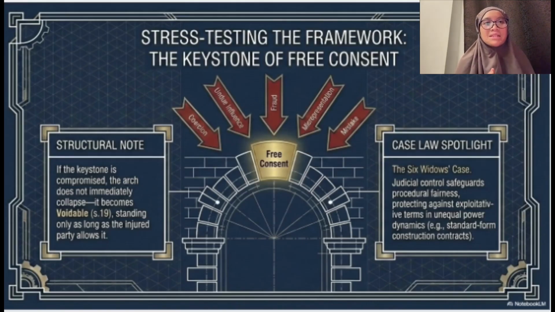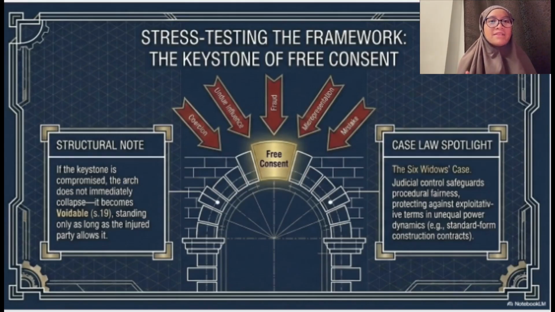This slide also mentions the 6 Windows cases as a case law spotlight. This case highlights the importance of judicial safeguards against exploitation, especially in situations involving unequal bargaining power. The court recognizes that vulnerable parties may be pressured into unfair agreements, particularly when one side has significantly more knowledge, influence, or power than the other.